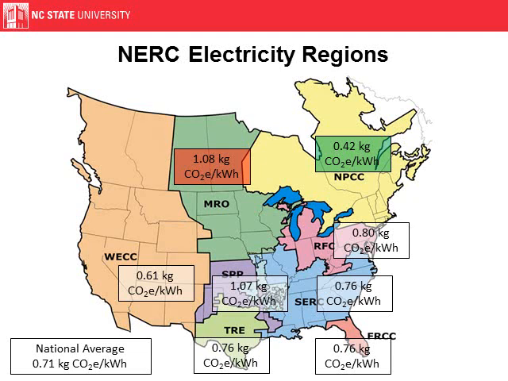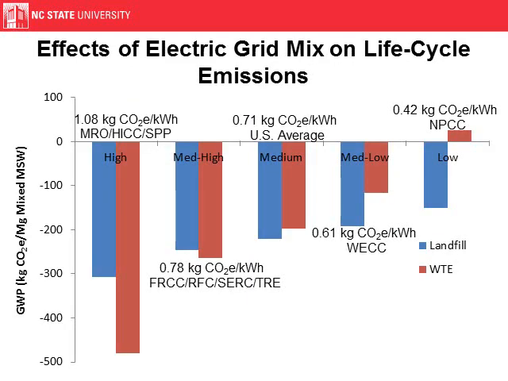So this is something you need to consider, especially when you're looking at energy generation from landfill gas to energy or waste to energy. And this is an illustrative comparison between landfilling and waste to energy of mixed waste.